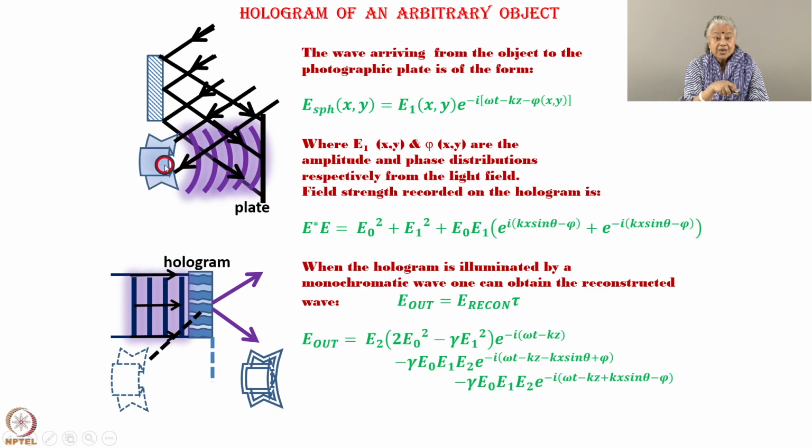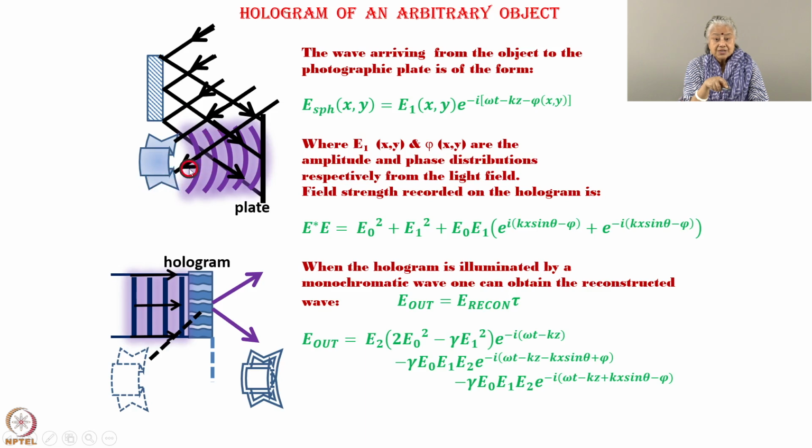Okay. So we have to find out the wave fronts that are emanating from this object. That wave front will definitely not be a plane wave front, though it may be illuminated by a plane wavefront, but what is coming out of this object after reflection from this, it will definitely not be a plane wavefront.